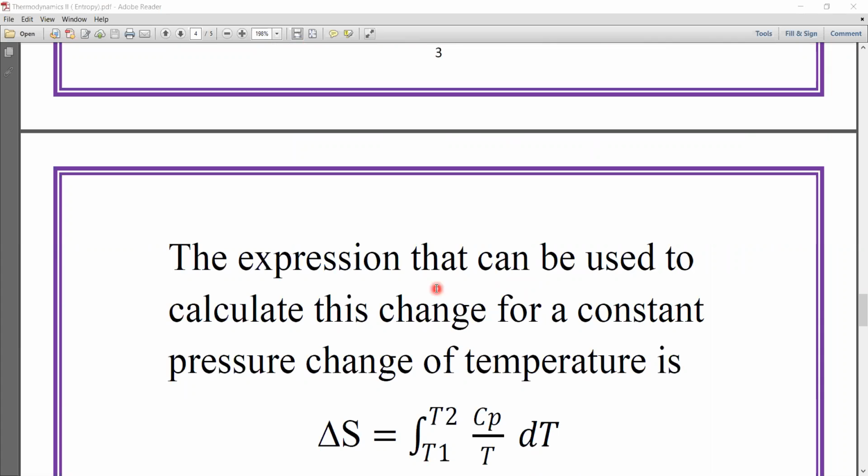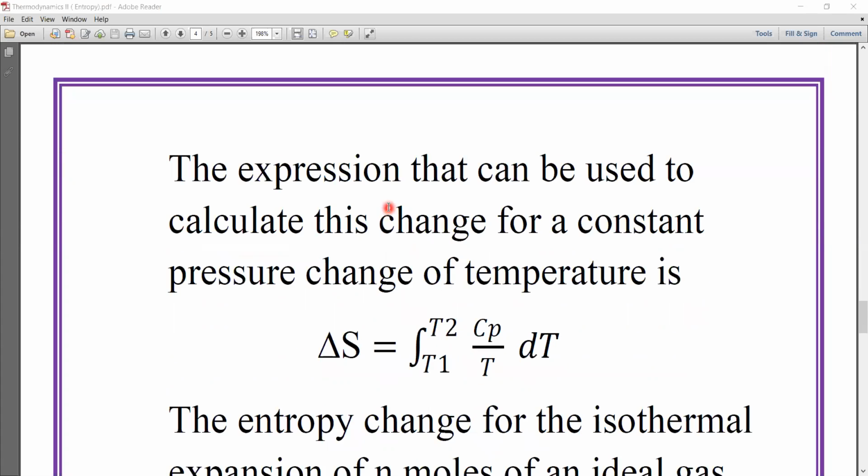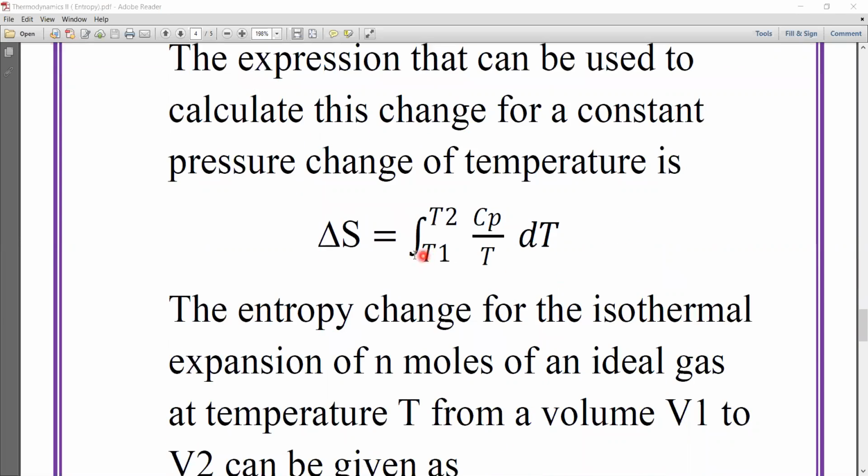Now the expression that can be used to calculate this entropy change for a constant pressure and change of temperature is given as delta S is equal to the integration from T1 to T2 of Cp divided by T into dT.